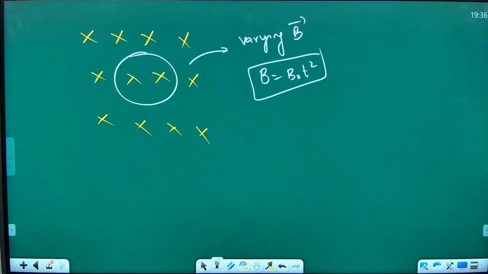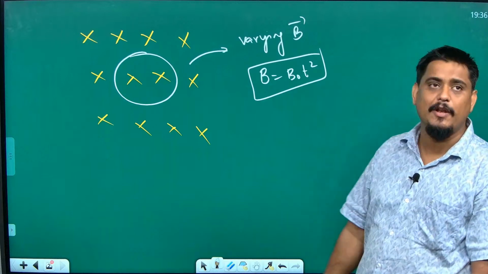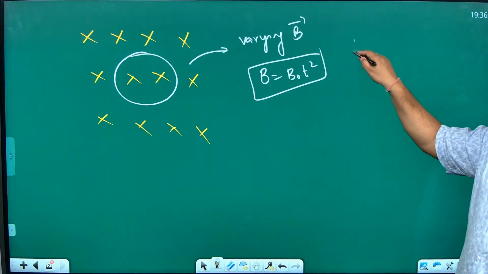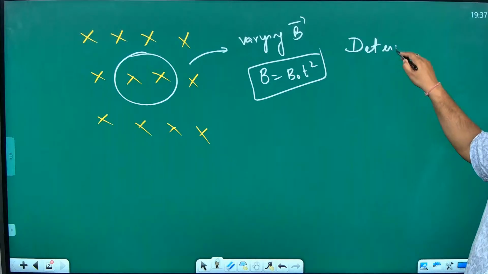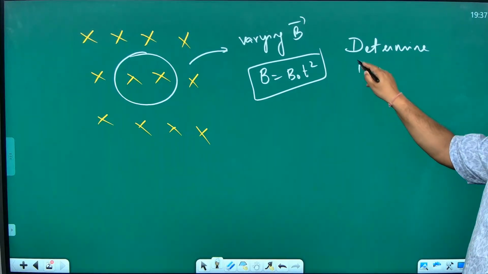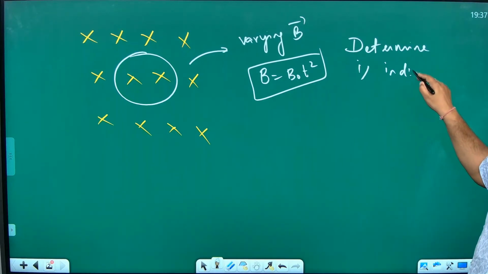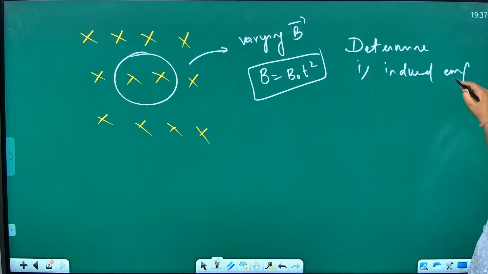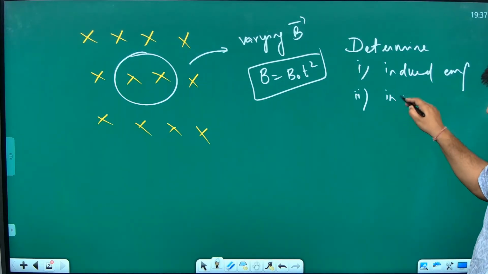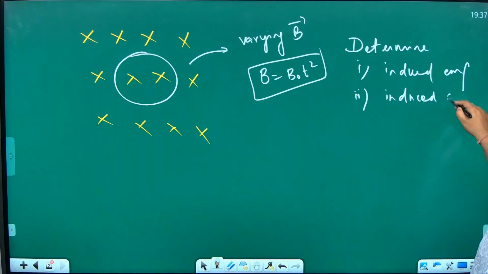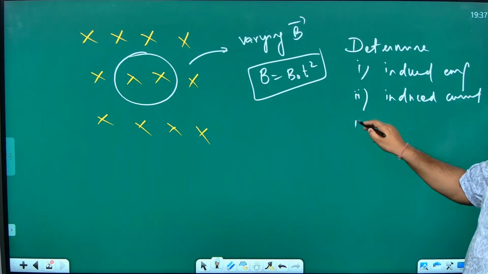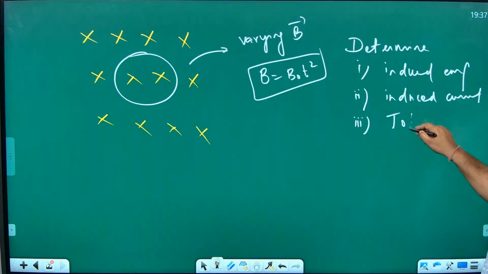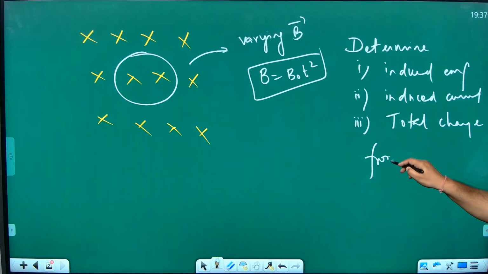Determine three things: first is induced EMF, second is induced current, third is total charge from t is equal to 0 to t is equal to t naught seconds.